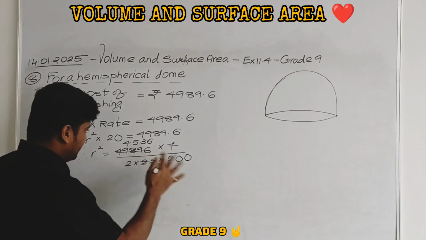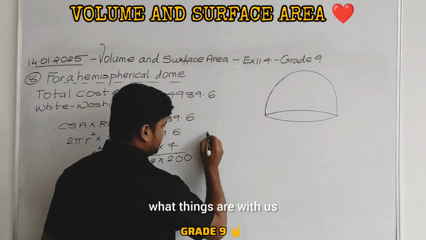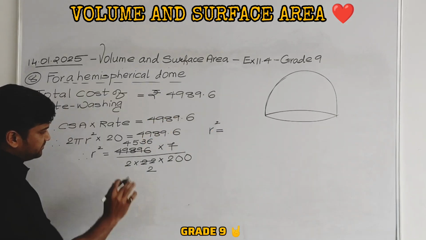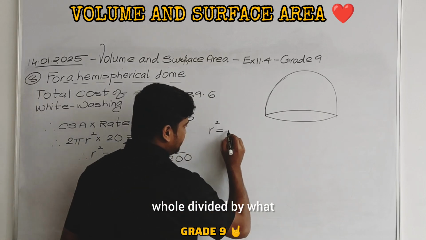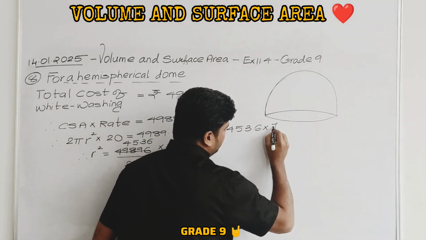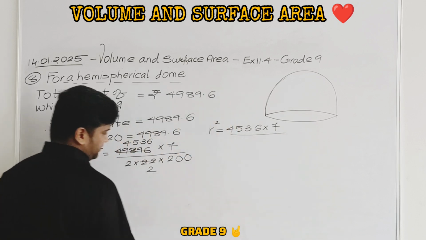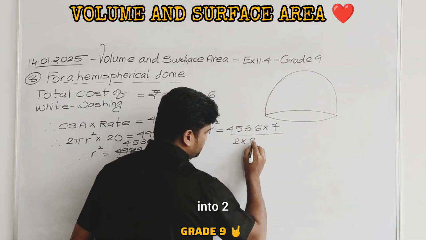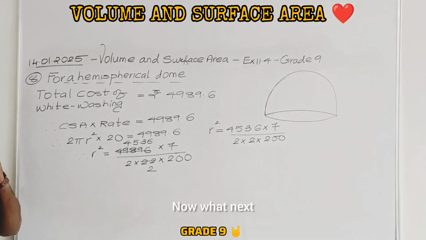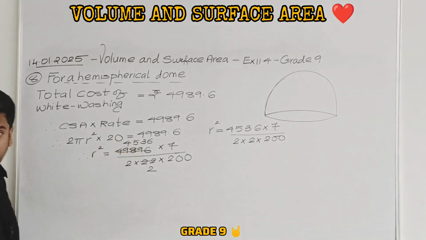इतना समझा? Now I'll just rewrite again what things are with us. So r square. क्या कह रहा बग बेटा? 4536 है into 7. So 4536 into 7, whole divide by 2 into 200. And now I can cut by 2, correct?